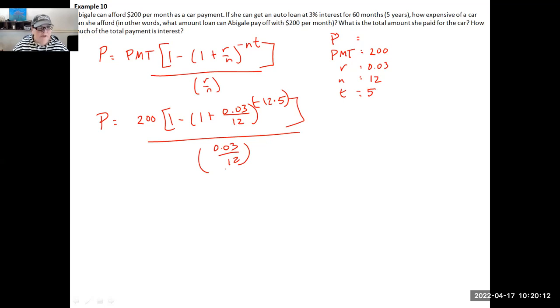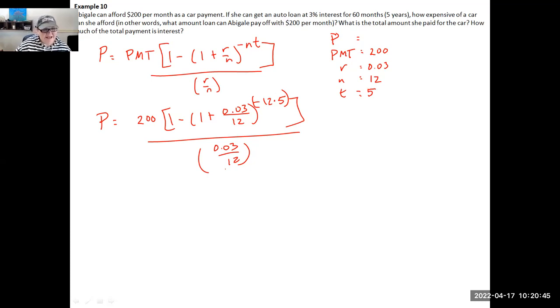All right, I'm going to start with the 200, open parenthesis, 1 minus, open parenthesis, 1 plus 0.03 divided by 12, close parenthesis, exponent, open parenthesis, negative 12 times 5, close parenthesis again, divided by, open parenthesis, 0.03 divided by 12, close parenthesis, and equals.